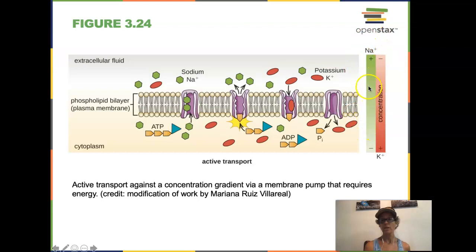We see on the right that in the outside of the cell, there's a high concentration of sodium and a low concentration of potassium. On the inside of the cell, in the cytoplasm, there's a low concentration of sodium and a high concentration of potassium. And even though we could, theoretically, by simple diffusion, move those, we do not because they are charged.